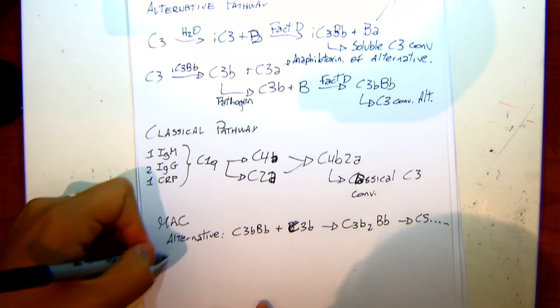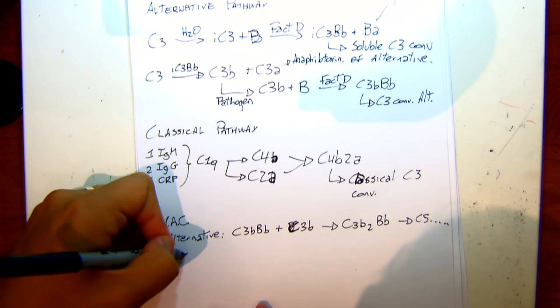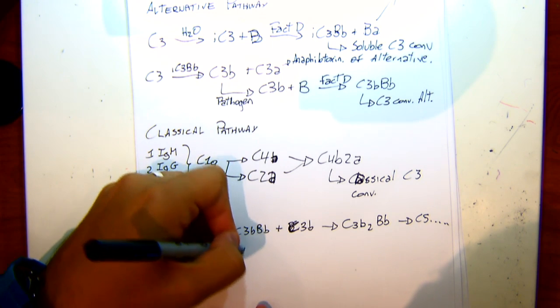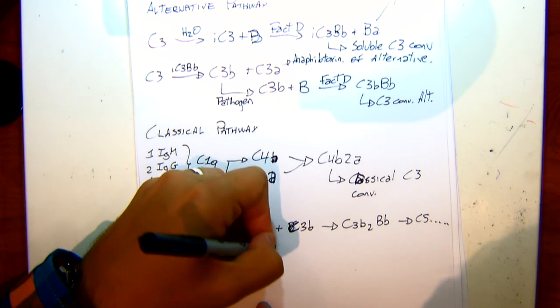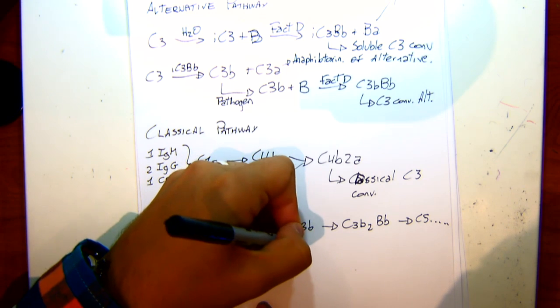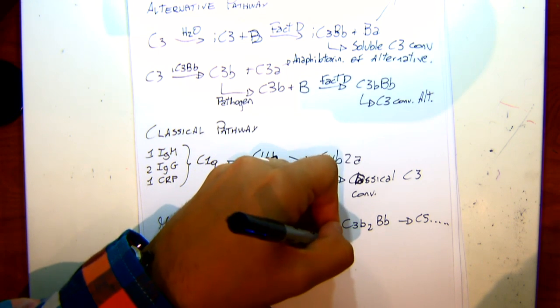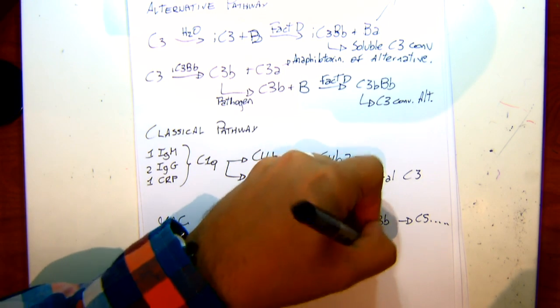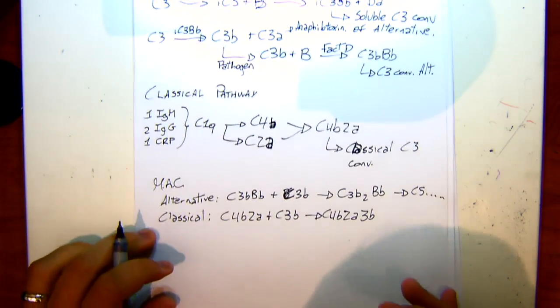And then similar thing happens with classical, where you have the C4b2a plus another C3b, which turns into C4b2a3b, right?